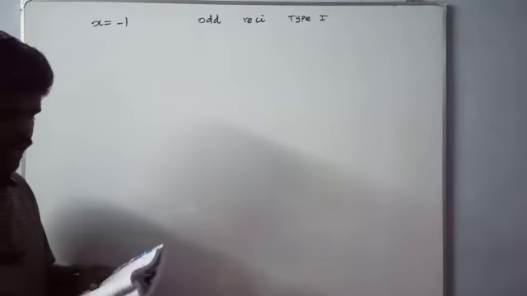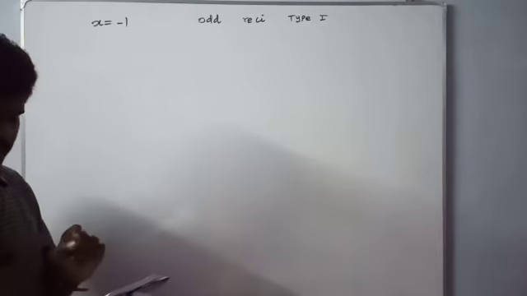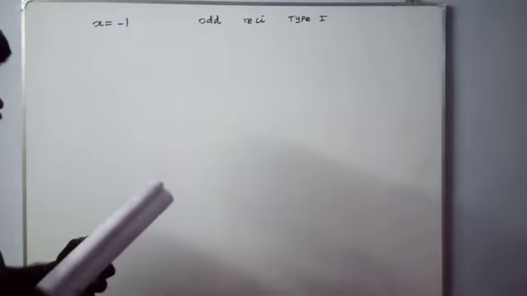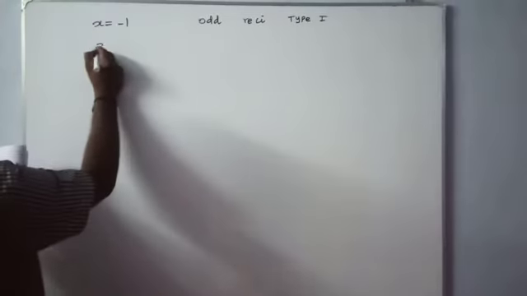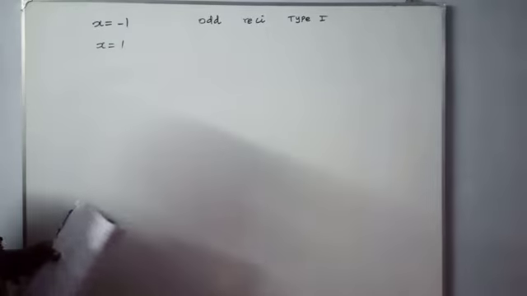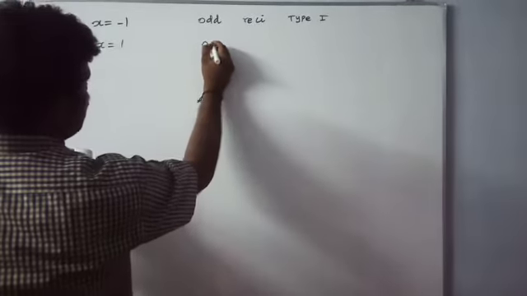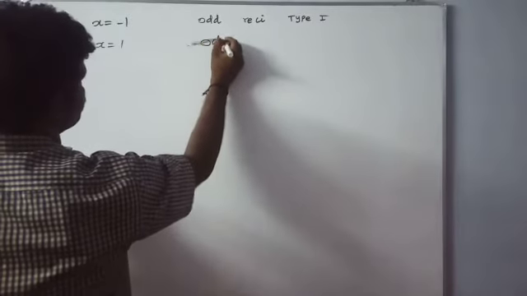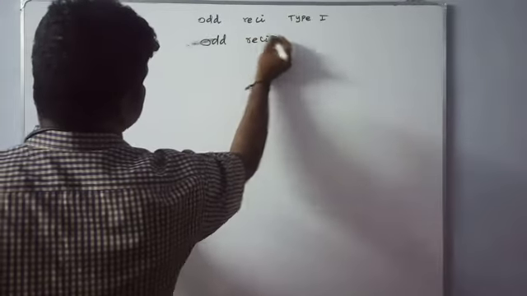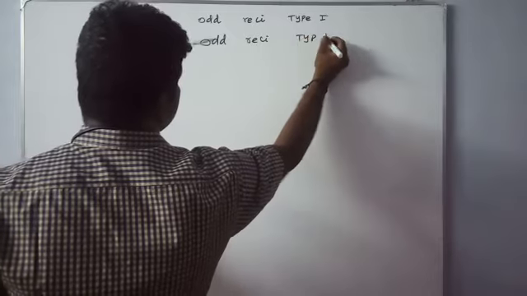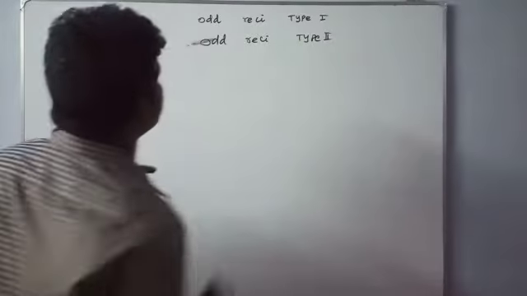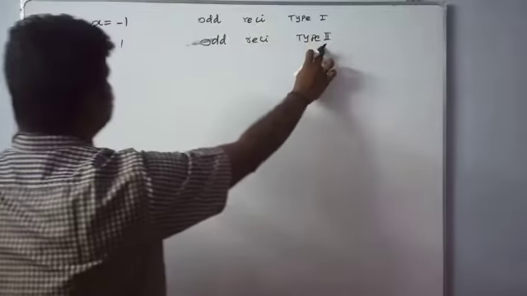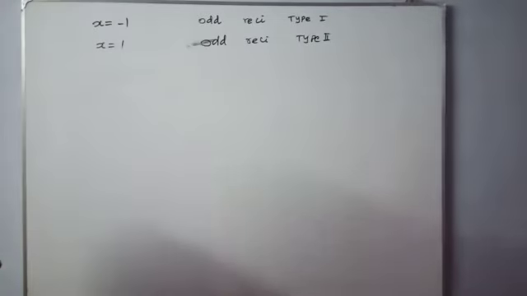For an odd degree reciprocal equation of type 1, x equal to minus 1 must be a solution. And another one is that x is equal to 1 is a solution. The equation must be an odd degree reciprocal equation of type 2. If suppose one equation is an odd degree reciprocal equation of type 2, x equal to 1 is the solution.